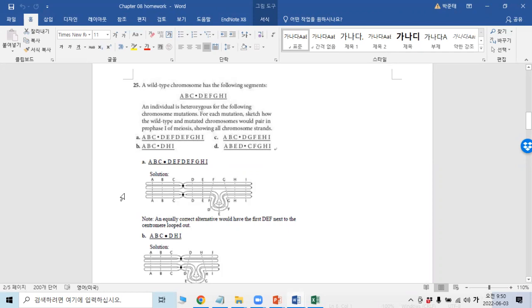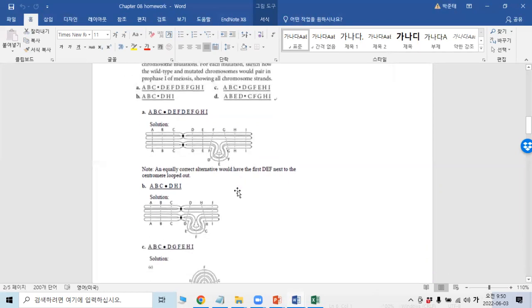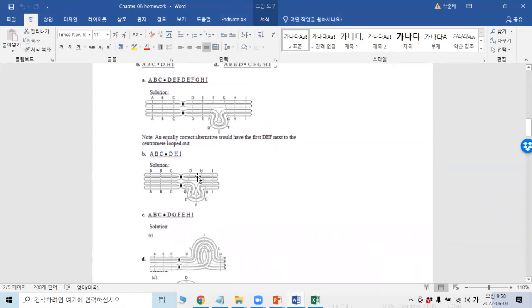When duplication happens, they make this kind of structure. When deletion happens, in this case B is deleted, so you also have to write it down like this.